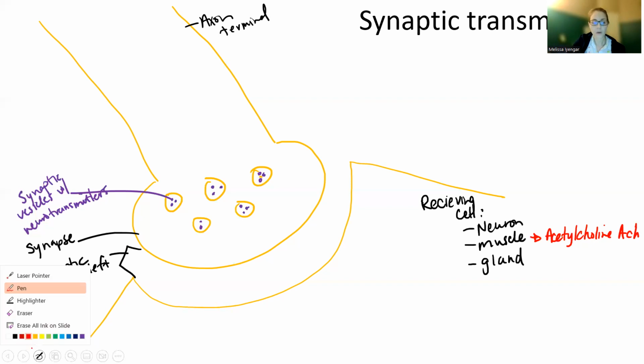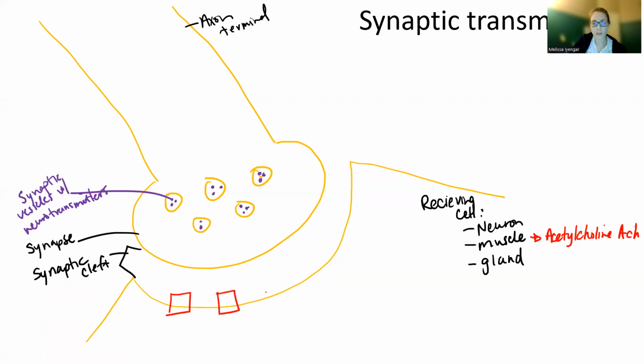The other thing that we're going to need is receptors and channels here on our receiving cell. And I'm going to make those in red because what I want you guys to remember is that these are sodium channels, because we're only going to deal with excitatory neurotransmitters.